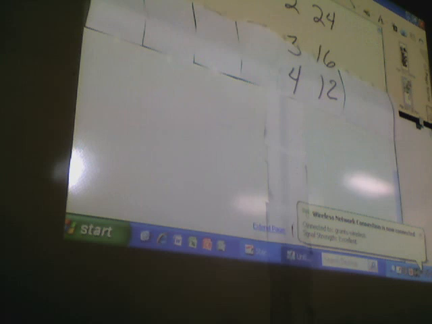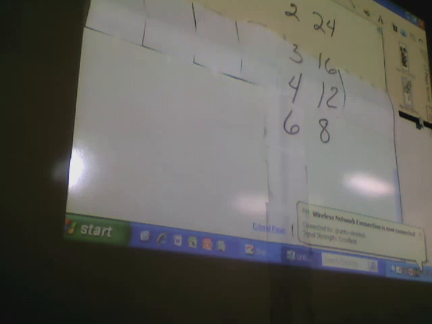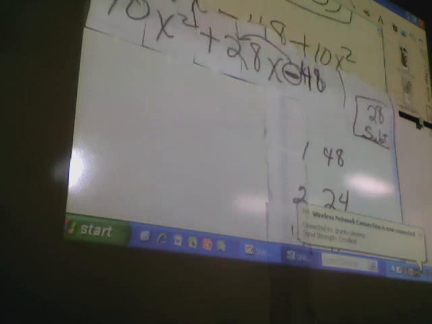If 12 will go, 6 will go into it. 6 times 8. 7 won't go, and then 8 would be the next one. Okay, that was a lot of ways to do 48, but we need to find the ways to get 10 also. 1 times 10 or 2 times 5.